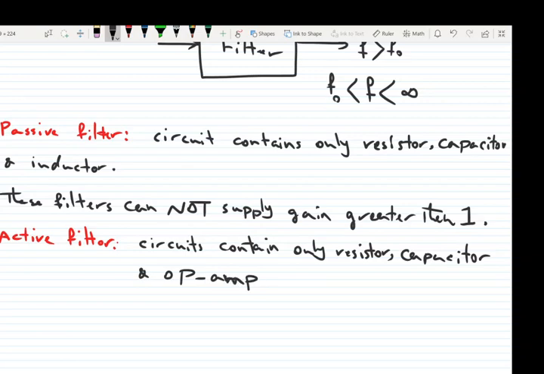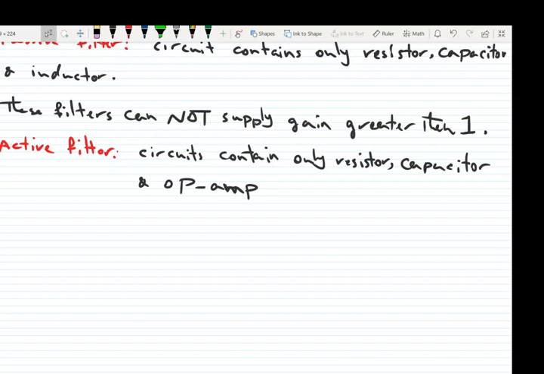So they don't have an inductor, no big deal, but what they have in addition to the passive filter is an op amp, which is very important. Why is it important? If you remember from DC circuits, I mentioned that an op amp is an active device that is able to amplify the signal. So if we apply a signal with amplitude A, the output amplitude can be greater than A. It can amplify the signal.